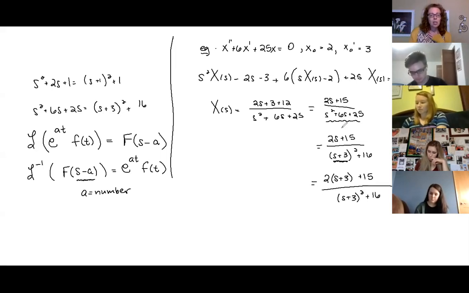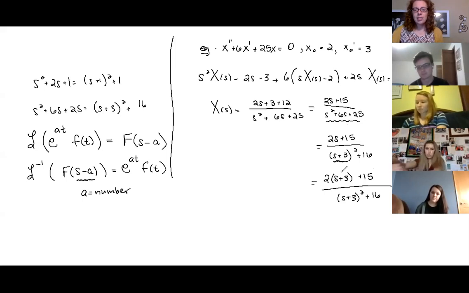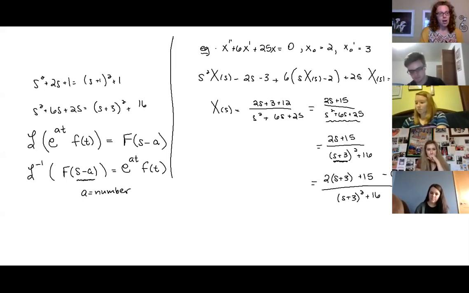My denominator is wrong, I'll fix that in a minute. I can't just have a plain old s up there. In order to fix that, I really just added 6, so I need to subtract 6 back off. And that will give me a plus 9 for the constants in the numerator.